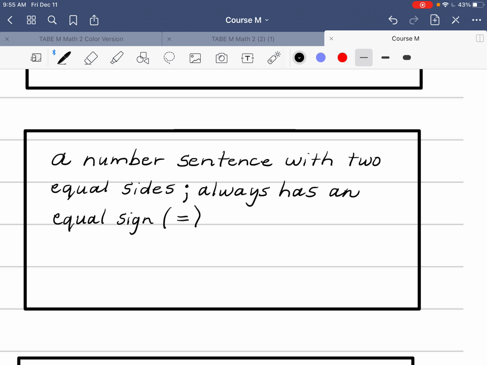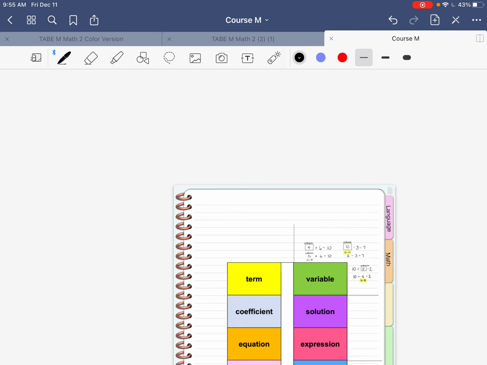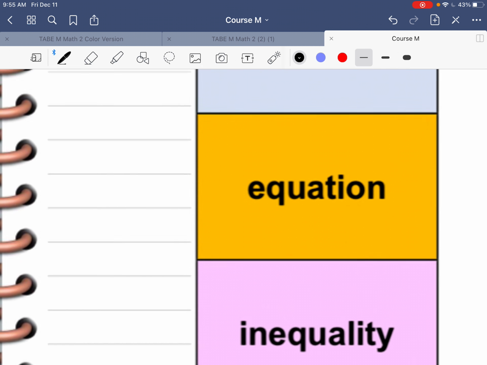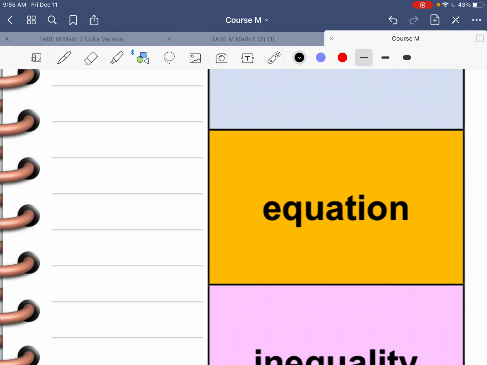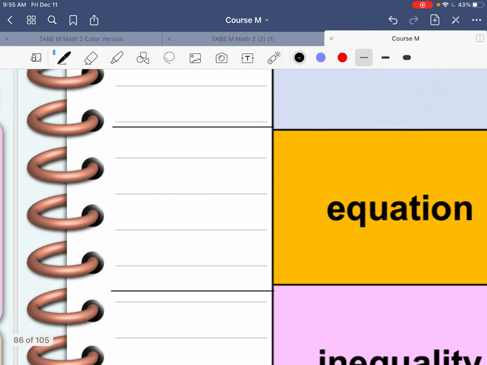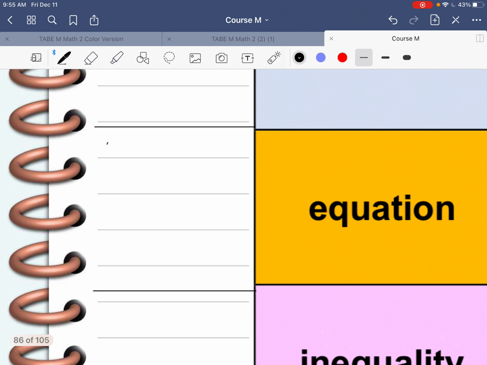And let me give you some examples. Here is an example of an equation. This is an example, so open your equation door. We have 6 plus 5 plus 2 equals, there's the equal sign, 13.